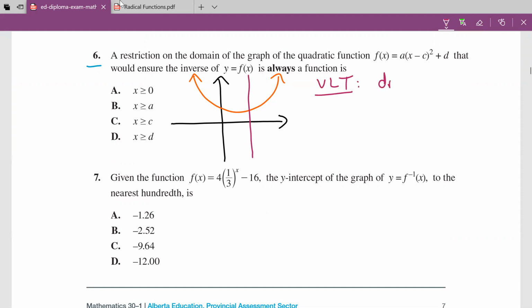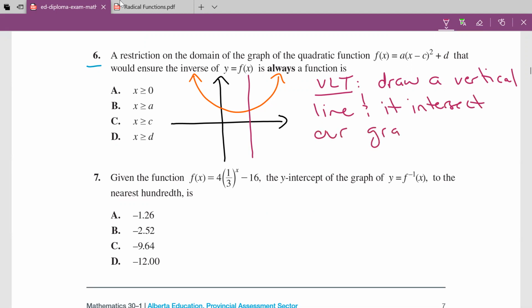If we draw a vertical line and it intersects our graph only once, we have a function.